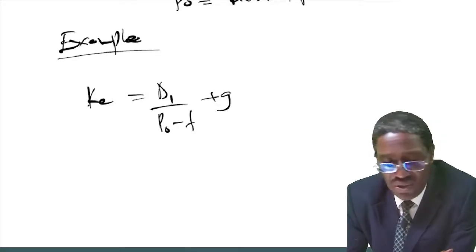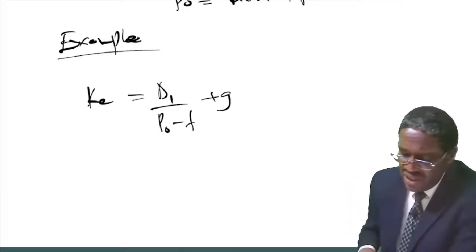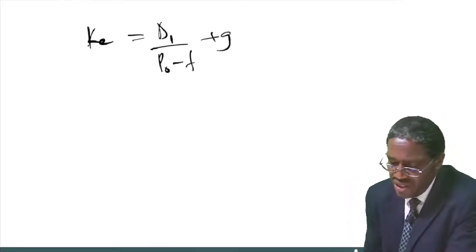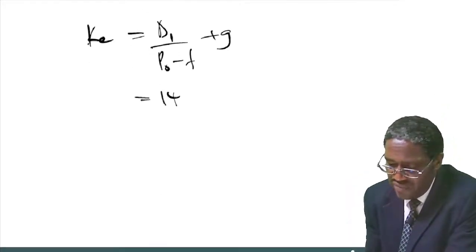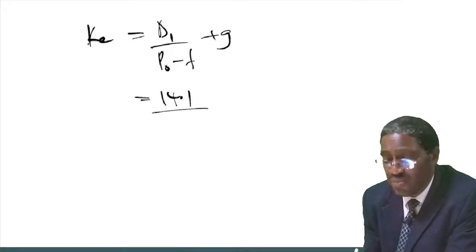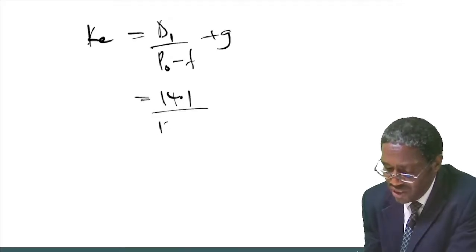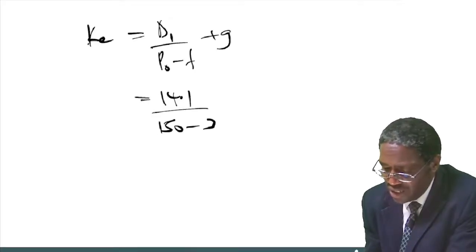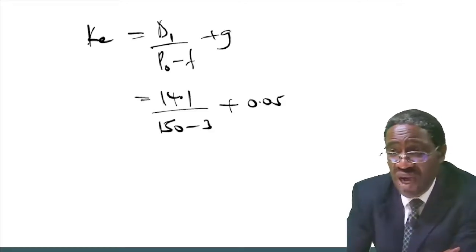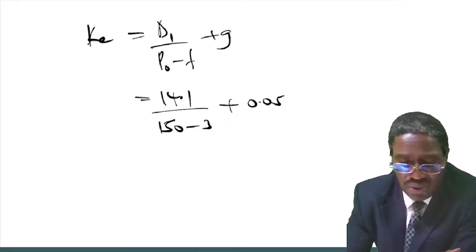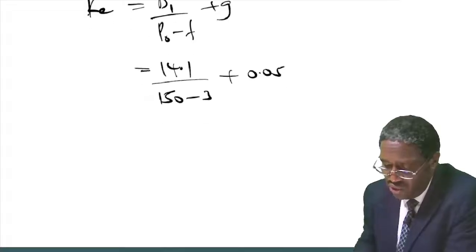Okay, good. Let's feed in the figures now. We expect a dividend of 14.1. We take the market price, which is 150, minus the flotation cost, which is 3, plus the growth rate, which is 5%, 0.05.